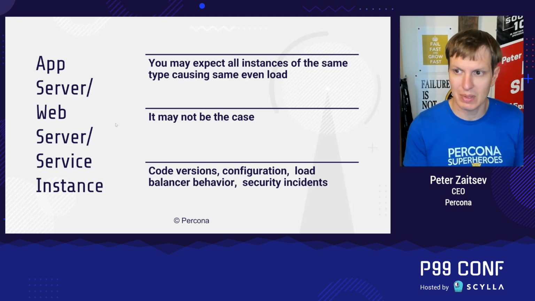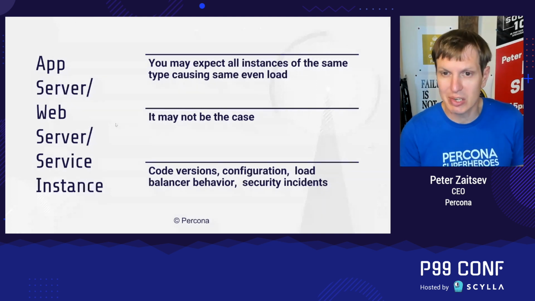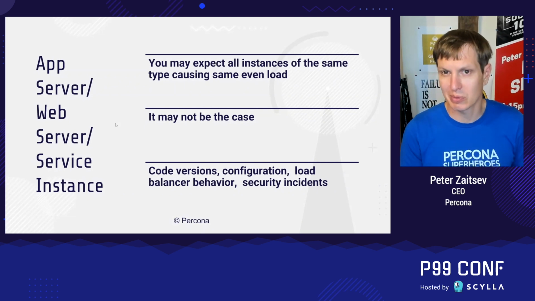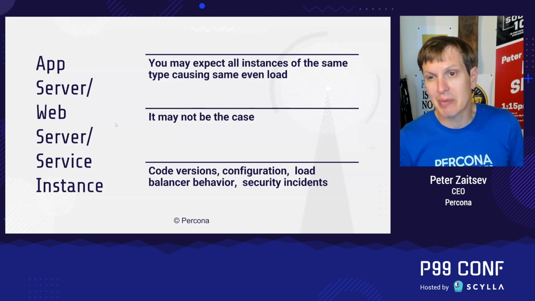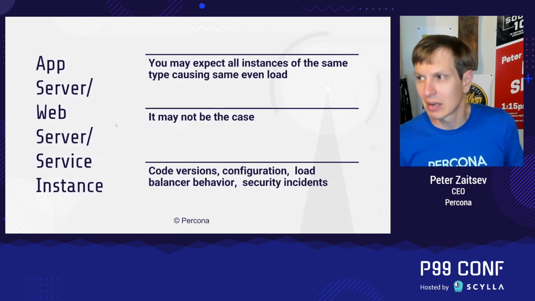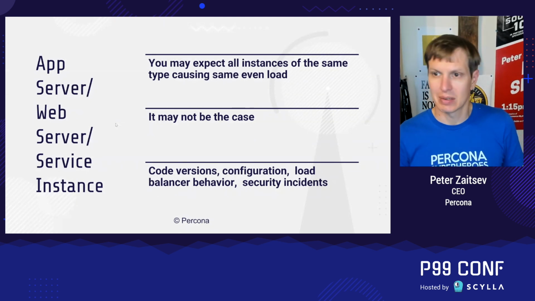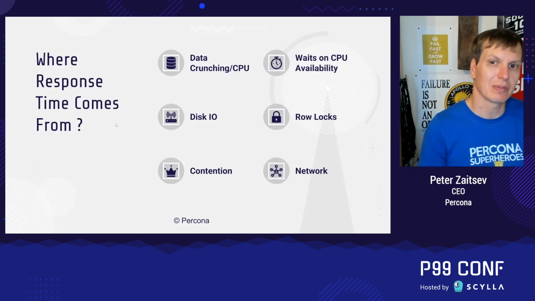Generate the same query load, but it may not be the case. Sometimes the configuration is different, sometimes you have different versions of code, for example because your deployment has not worked out properly. It may be other reasons as well, and making sure to validate from a database standpoint that all your web hosts behave the same way, rather than just trusting the development team, I think is very valuable.